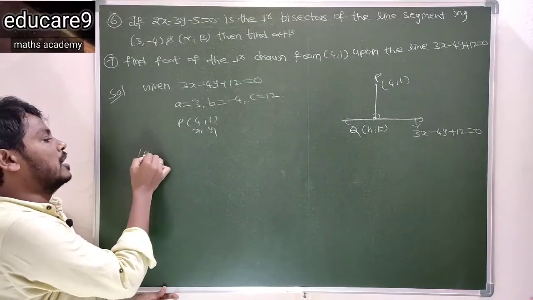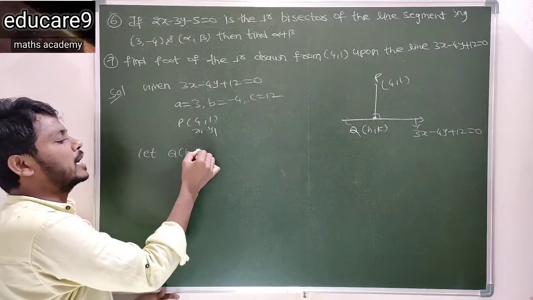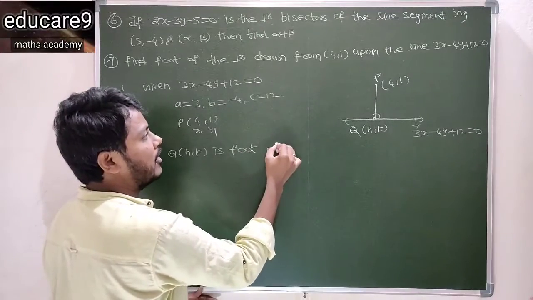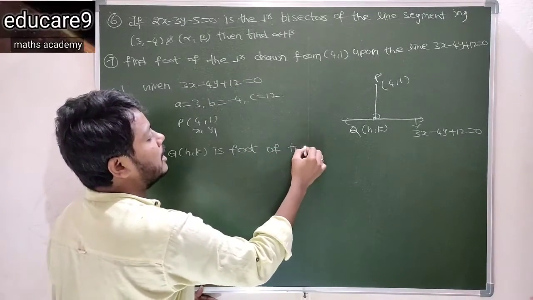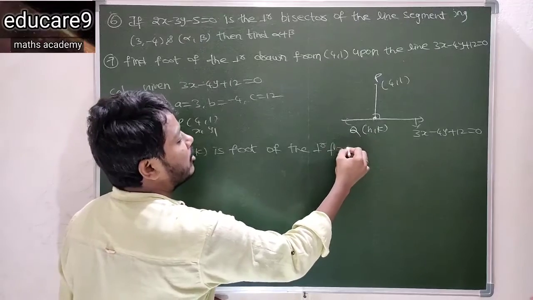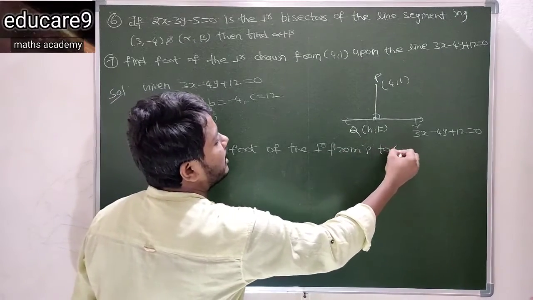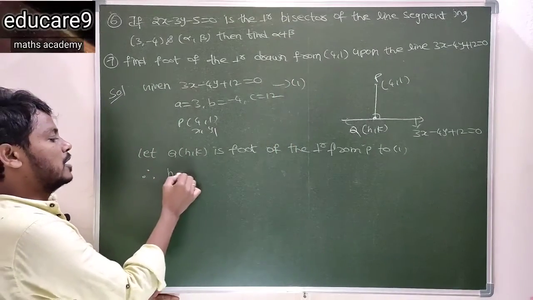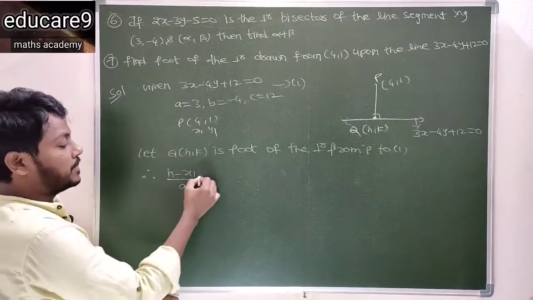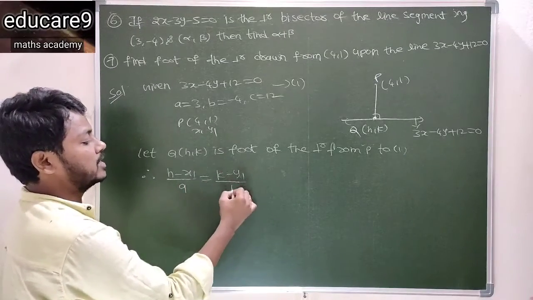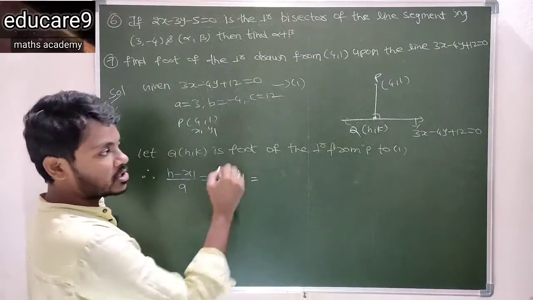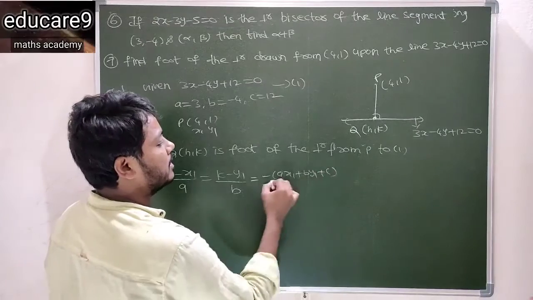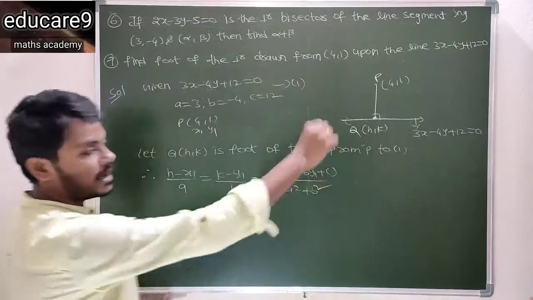So let Q(h comma k) be the foot of the perpendicular from P to equation 1. Okay. So therefore we have to apply the foot formula, that is h minus x1 by a is equal to k minus y1 by b, which equals minus of (ax1 plus by1 plus c) by (a square plus b square).